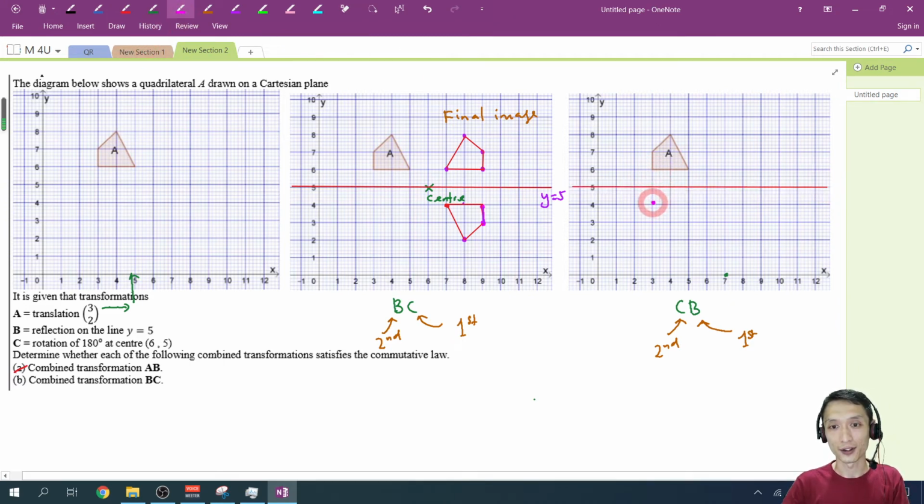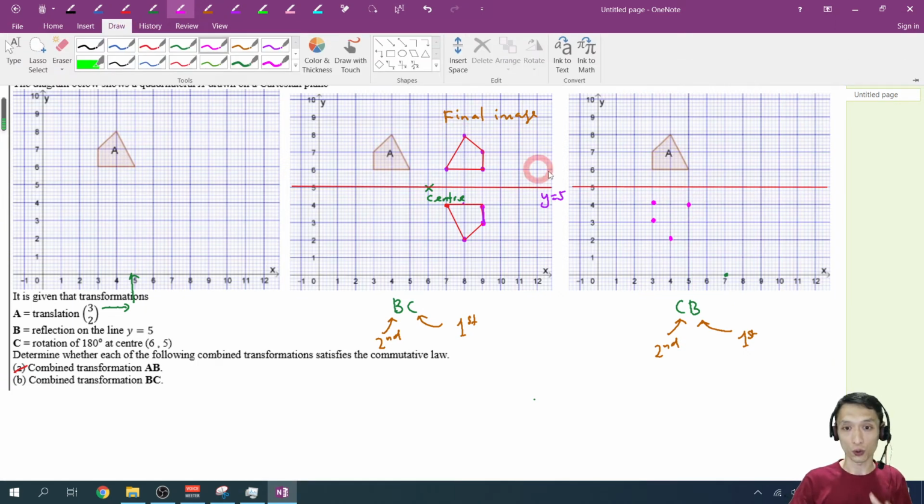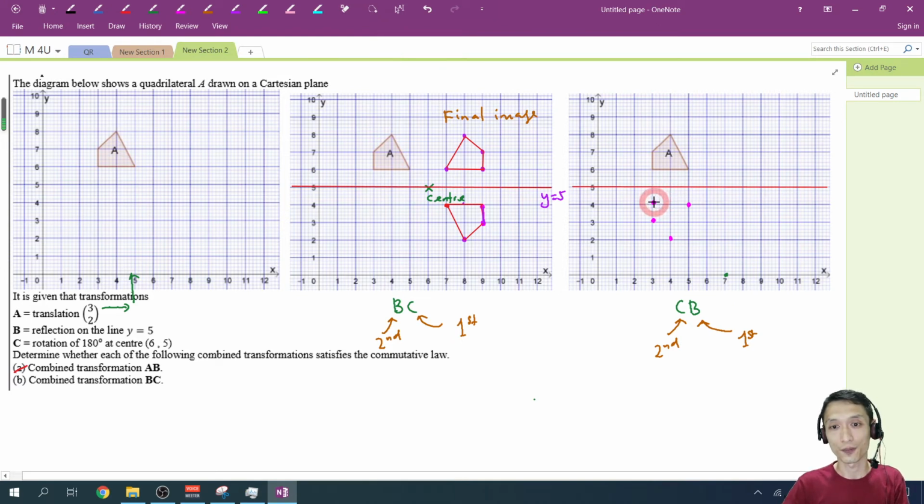If you are still not really sure about how we get the image for translation, refraction, rotation, and enlargement, you can watch my previous video.